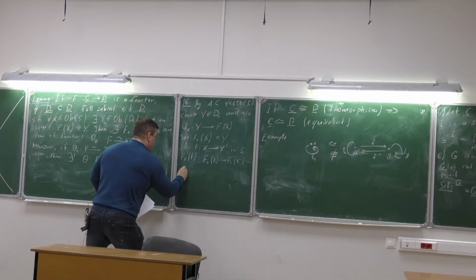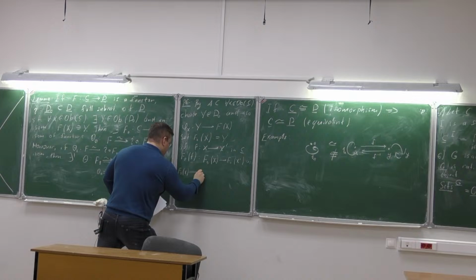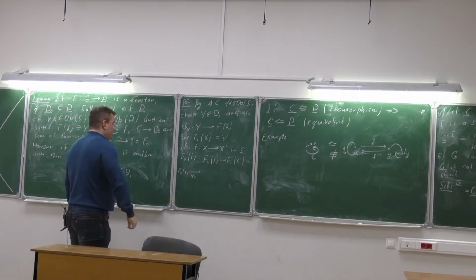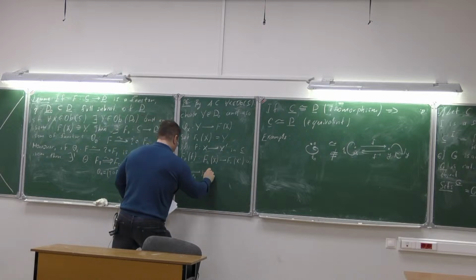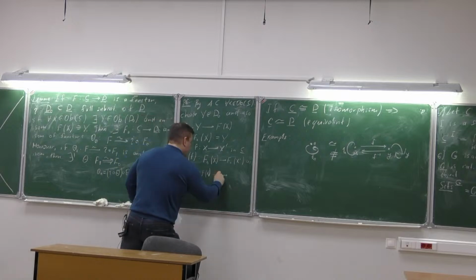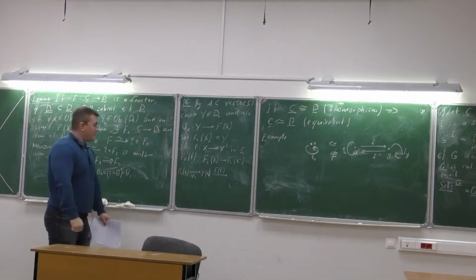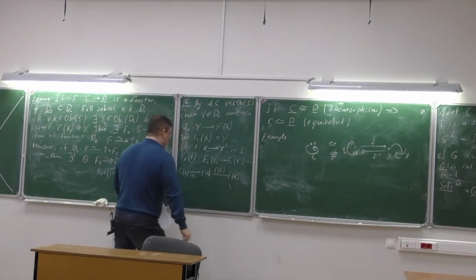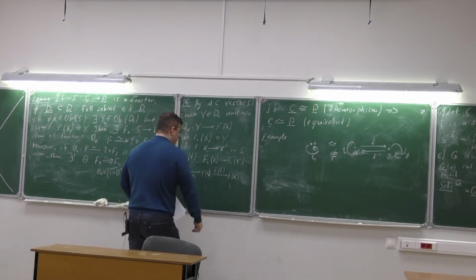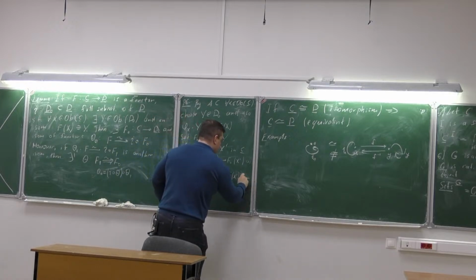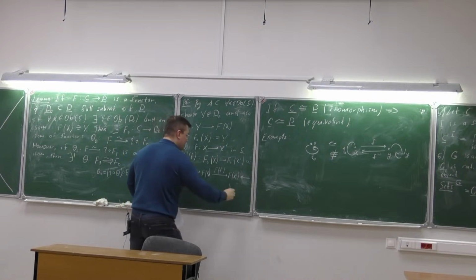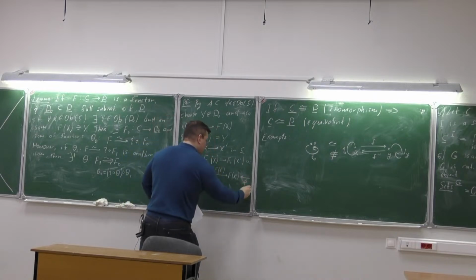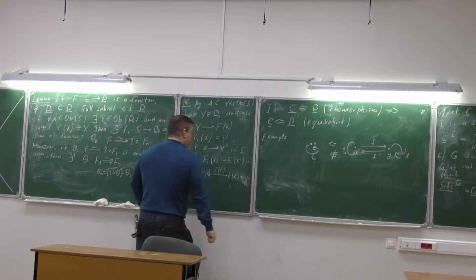From F naught of X, you use the isomorphism phi sub X and go to F of X. Then here you already know, since we're given a functor, that there is a map from F of X to F of X prime. And then finally, the map actually goes in the other direction, but since this map is an isomorphism, this is not a problem. So there is phi X prime.